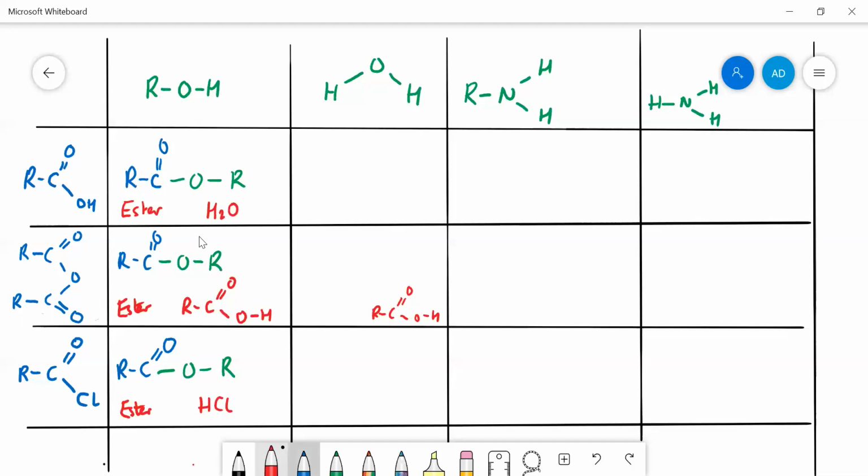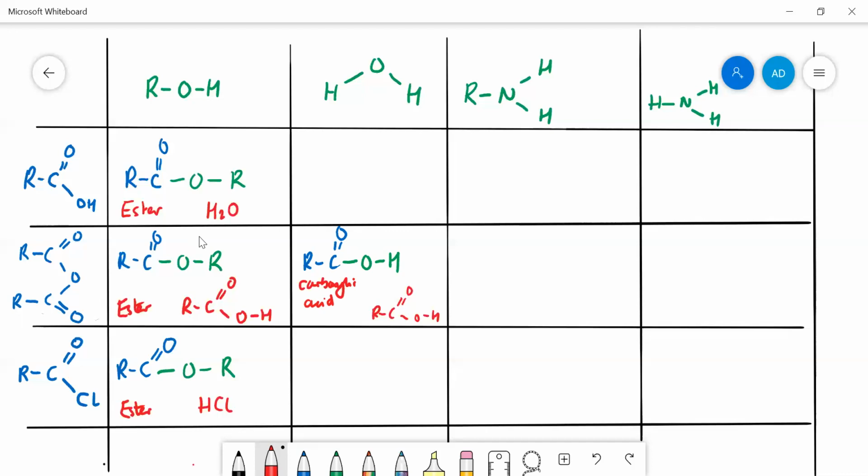Well, the organic product is going to be this, and we're going to stick that onto there, aren't we? So we get a carboxylic acid as the organic product. And the small molecule which is eliminated is also a carboxylic acid.